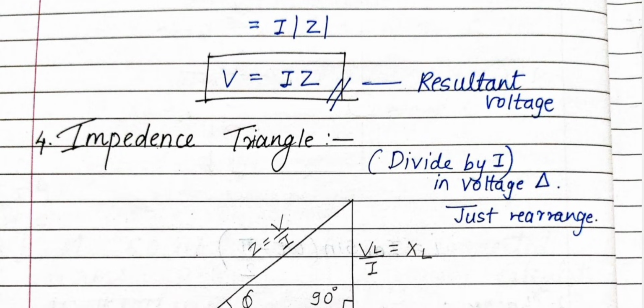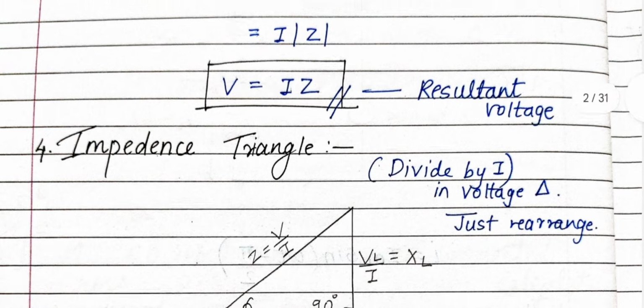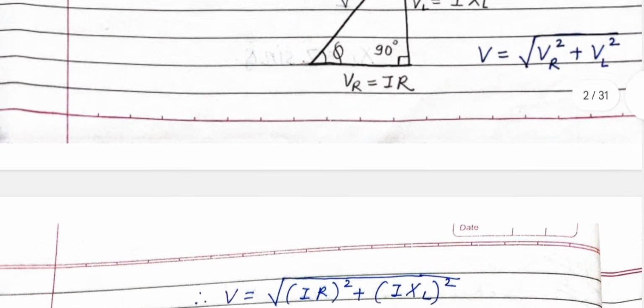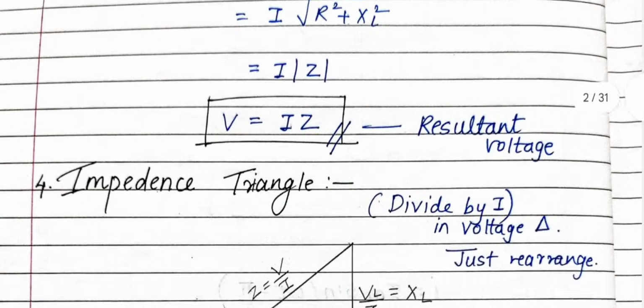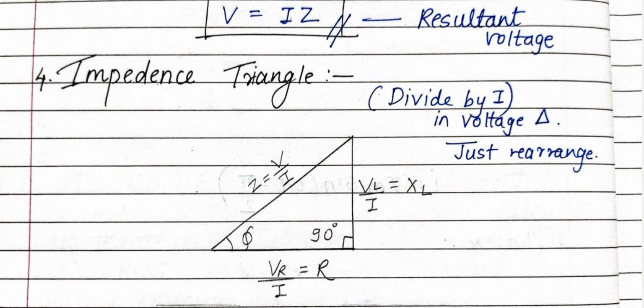Then the fourth point is impedance triangle. See, this is very simple. If you have understood this voltage triangle, the same construction you have to carry forward, but just what you have to replace is the formulas. And what is the trick to replace the formula? You have to write it in the form like you are dividing by I. See, what was the formula here?